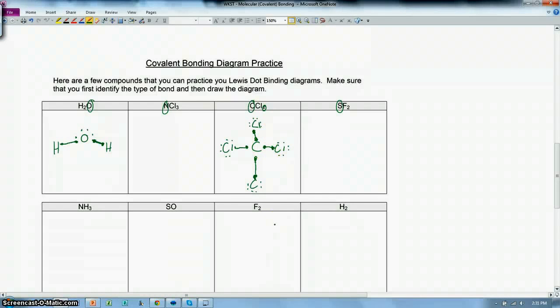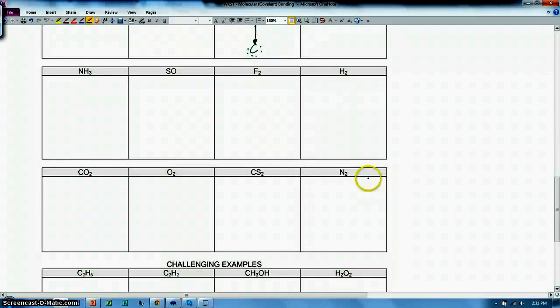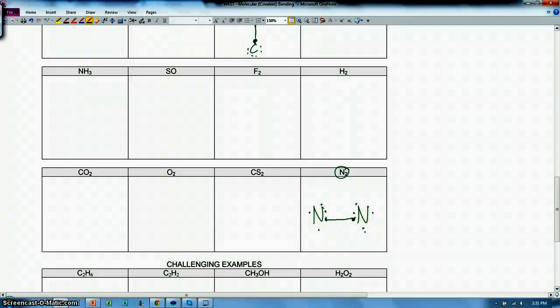Everybody's happy. Now sometimes, like in the case of nitrogen, one bond isn't going to cut it. We have N2, so we have 2 nitrogens. Nitrogen has 5 valence electrons, if you remember correctly. If I do one bond across between the 2, I still have my 5, and I'm only adding a 6.